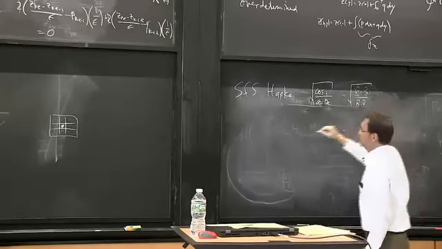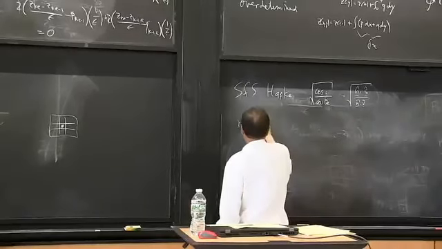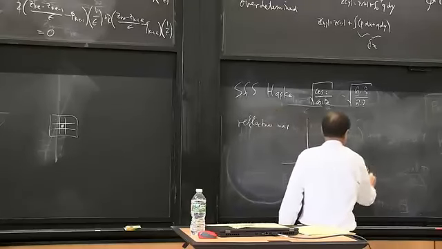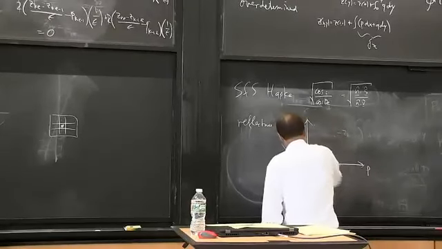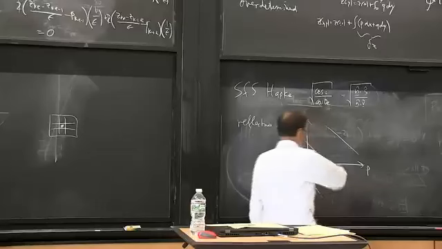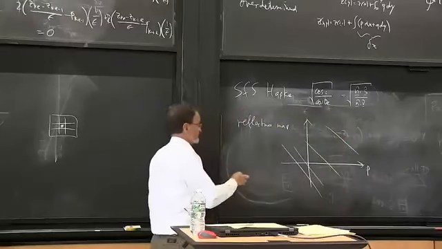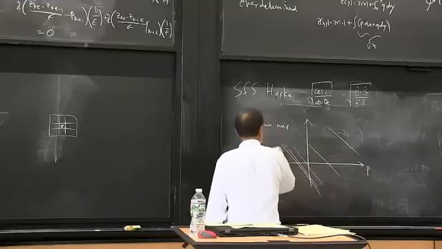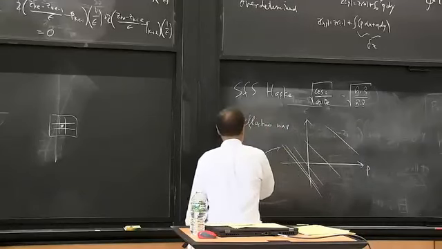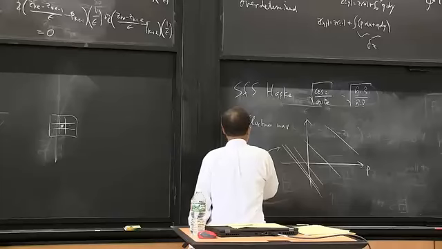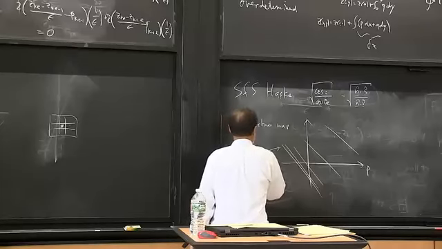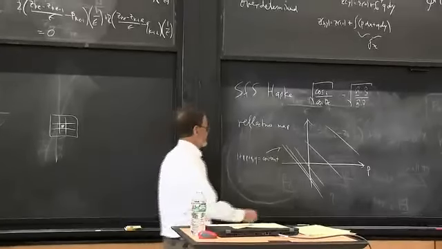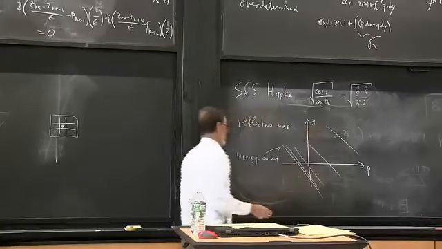And in this case, the reflectance map was very simple. We had these parallel lines that won't be equally spaced because of the square root, but they're parallel lines. And each of them has 1 plus p p_s plus q q_s equals a constant. So the isophotes in the reflectance map are these parallel straight lines.